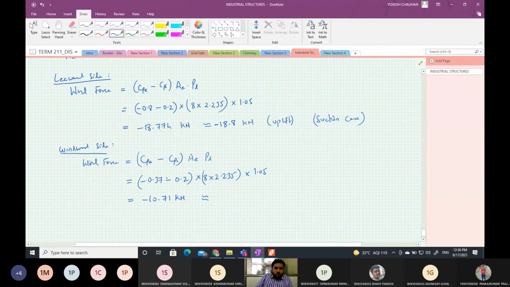So there is no pressure case on either side; on both the leeward side as well as the windward side, we have suction case only. So let us say this is minus 10.8 kilonewton. This is also uplift, that is, suction case.